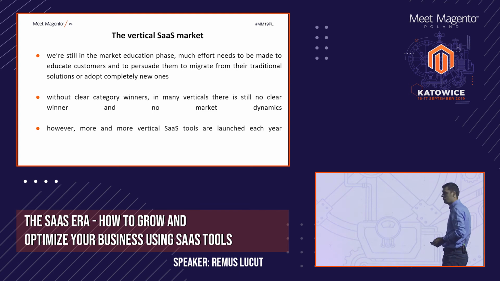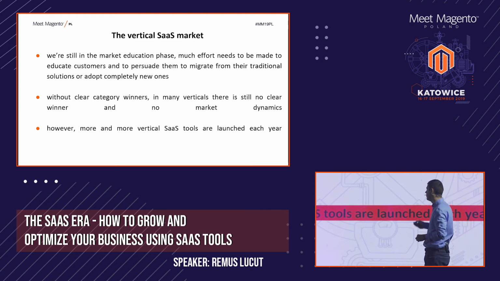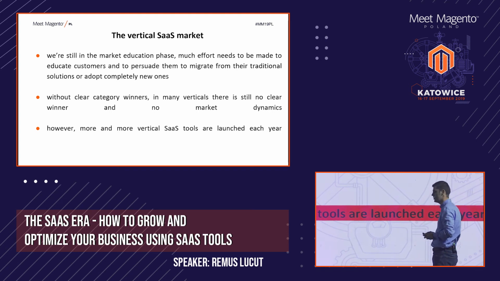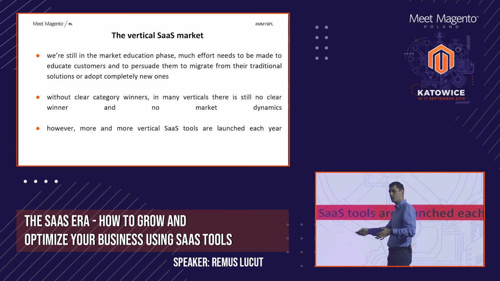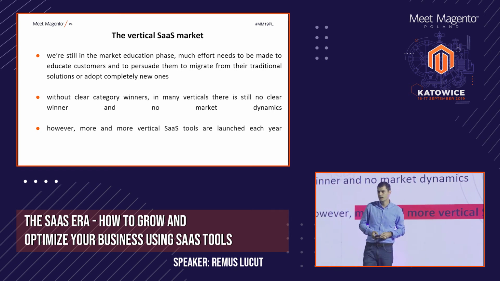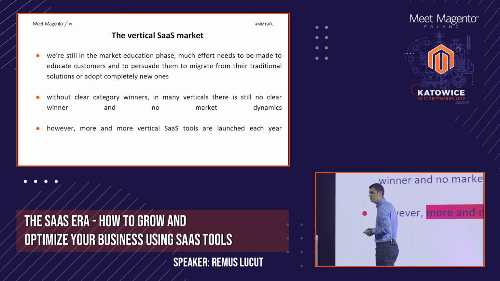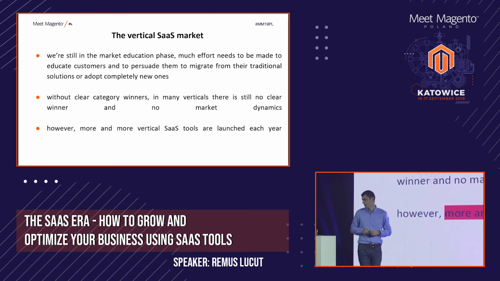We have no category winners because there are not so many. Yet, we see that more and more vertical SaaS tools are launched each year. That means either horizontal SaaS are shifting towards an industry, towards the vertical, or the new ones that enter the market already target a vertical or an industry where they might be competitive and see there is a niche market for that product.